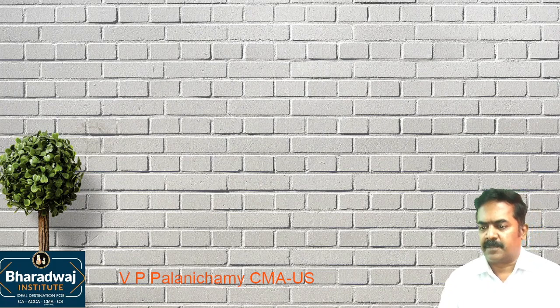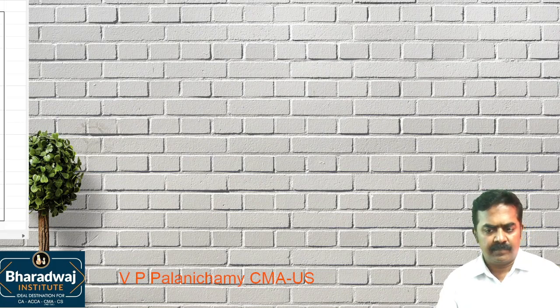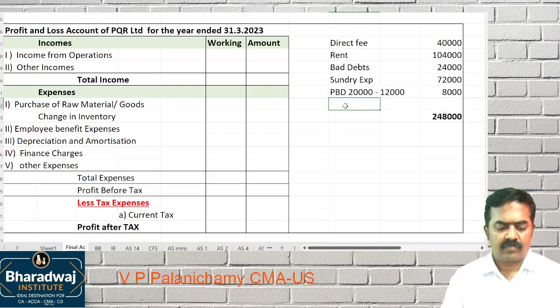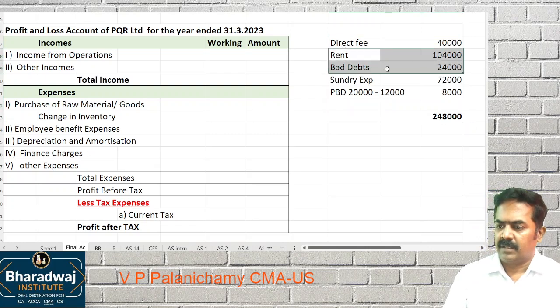What will come in other expenses? Directors' fees, rent, bad debts, provision for bad debts. So directors' fees, rent, bad debts, and sundry expenses will come.